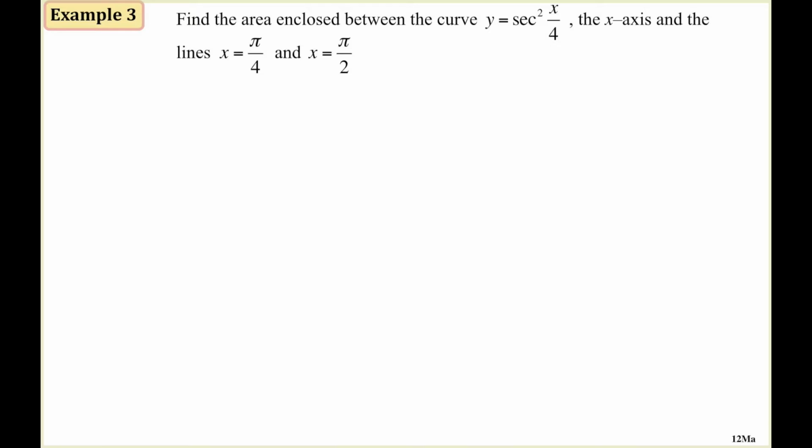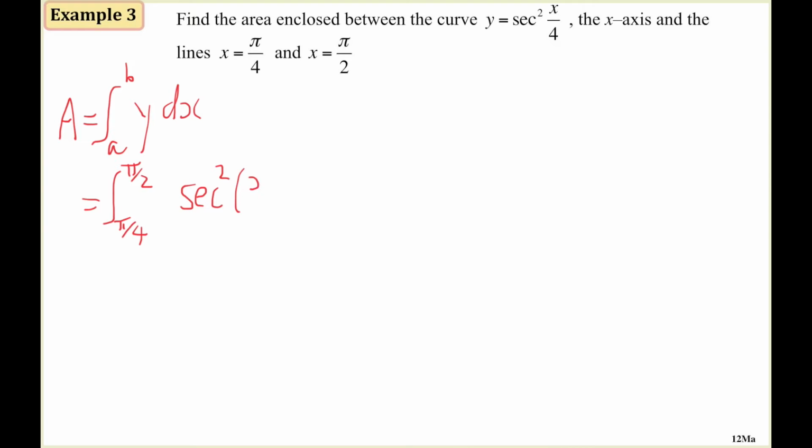So how do you find the area? Well, the area equals the integral from a to b of y dx. What's a and b? So we've got the integral from pi on 4 through to pi on 2 of sec squared x on 4 dx. Now we know the integral of sec squared is tan.